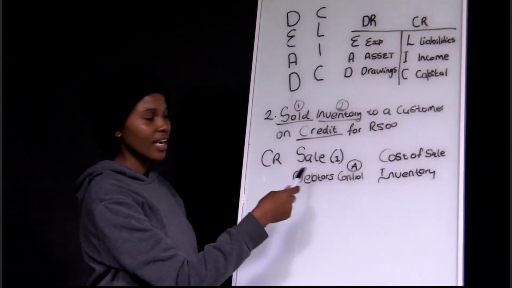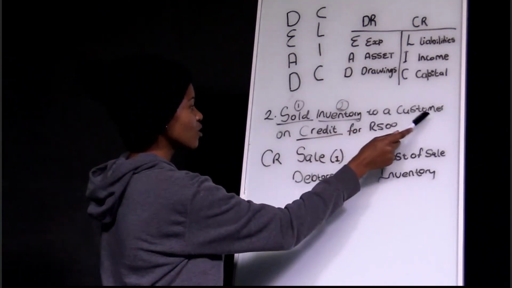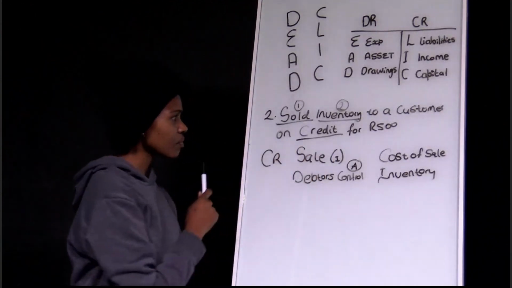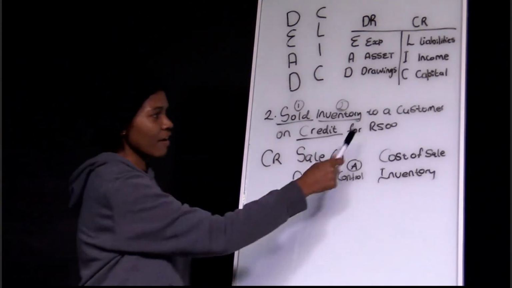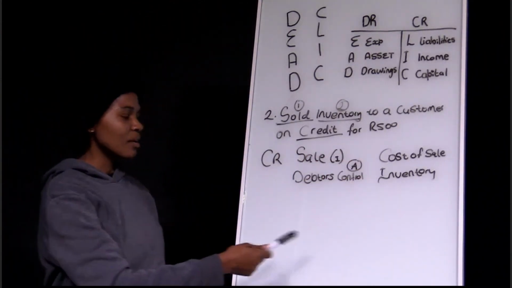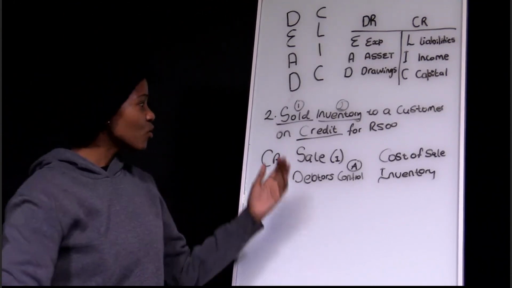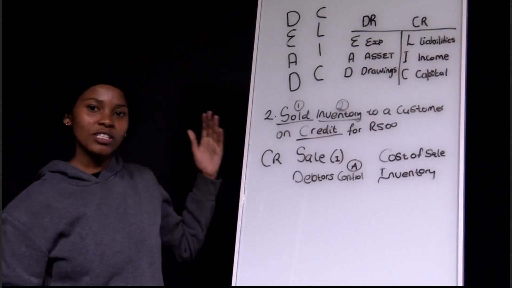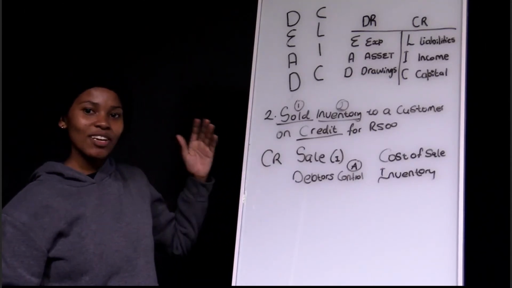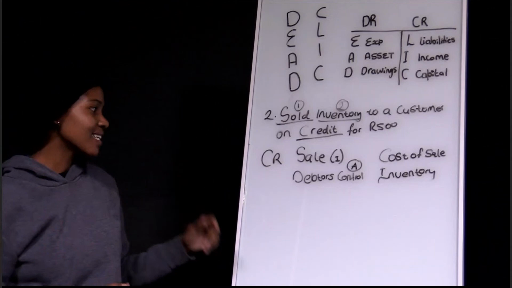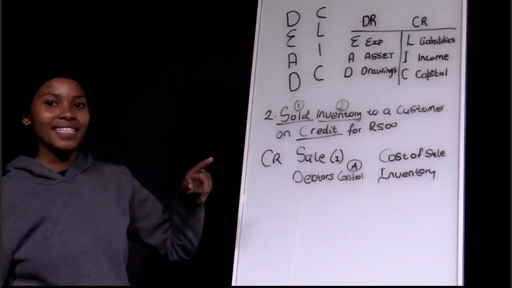Let's read the transaction again. We sold inventory to a customer on credit for 500 rand. It means that the people that owe us money are increasing. We have to receive money from this person, who did not pay. So our debtors are increasing, and debtors control is an asset.